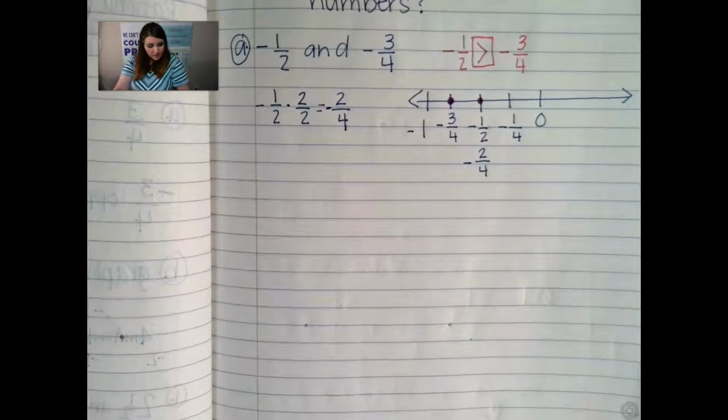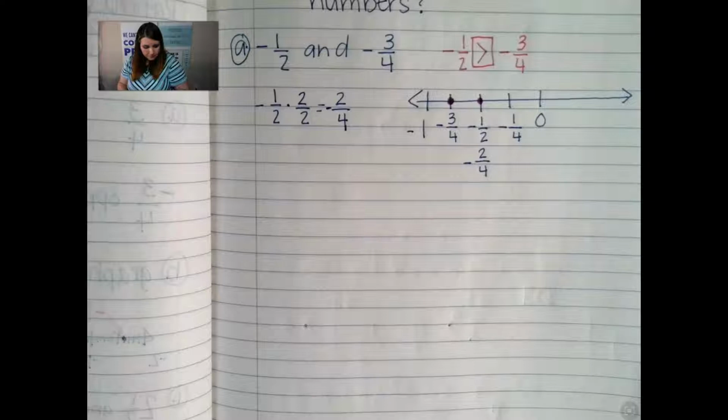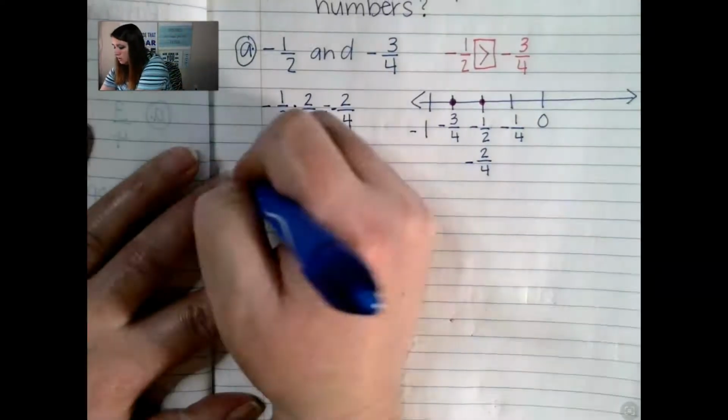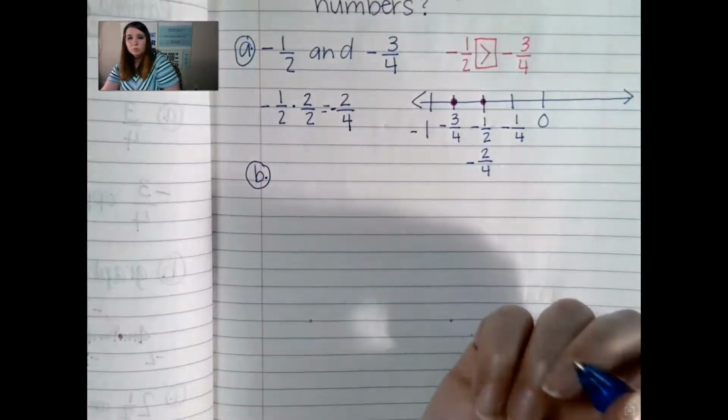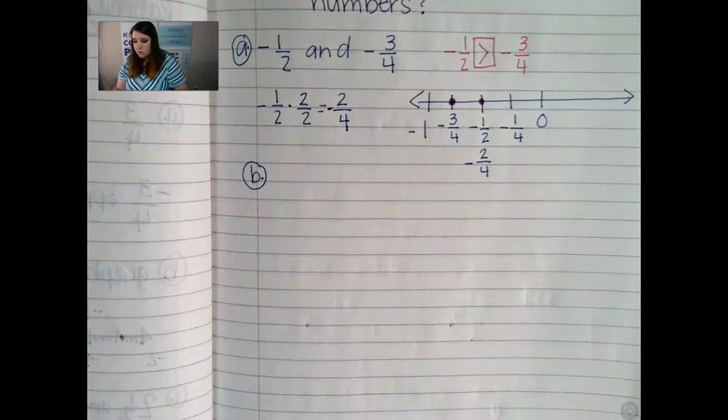Okay, let's do one more where it is a negative whole number, and then we're going to go to decimals.